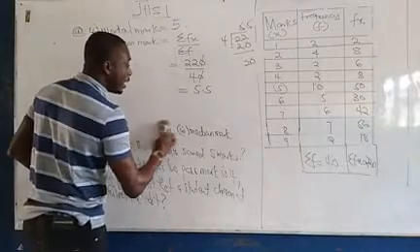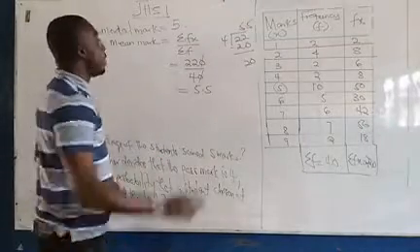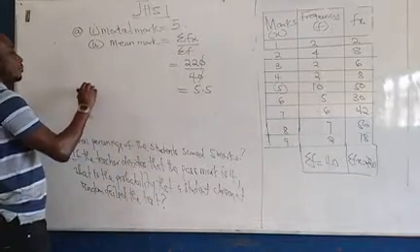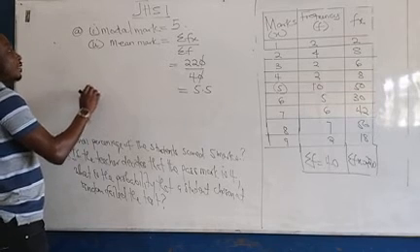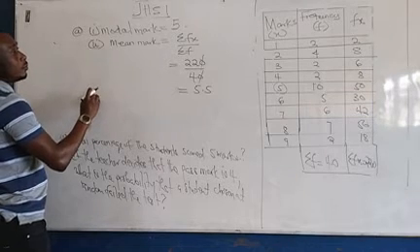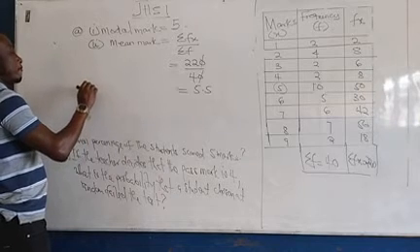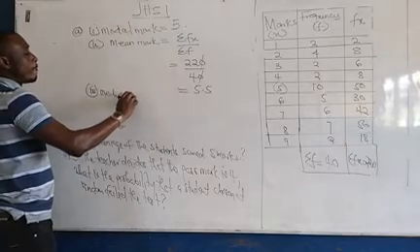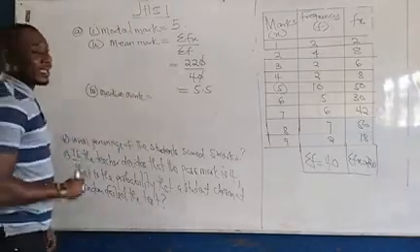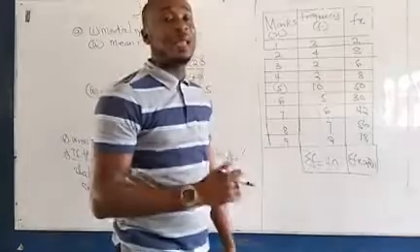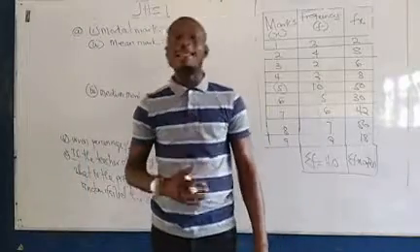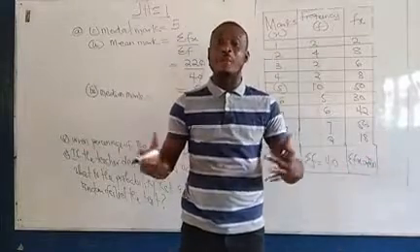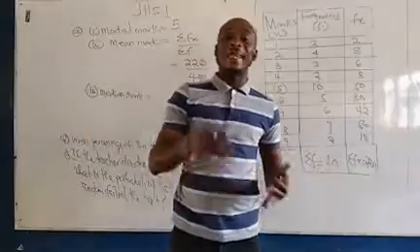We then move on to the median mark, which is part II. Again, in our previous lesson, we learned that when it comes to grouped data, if we want to find the median, we know the formulas that we use in finding median position: the odd formula and the even formula.